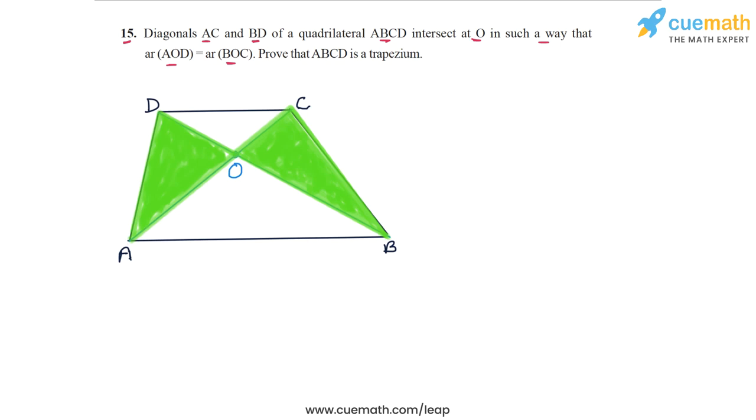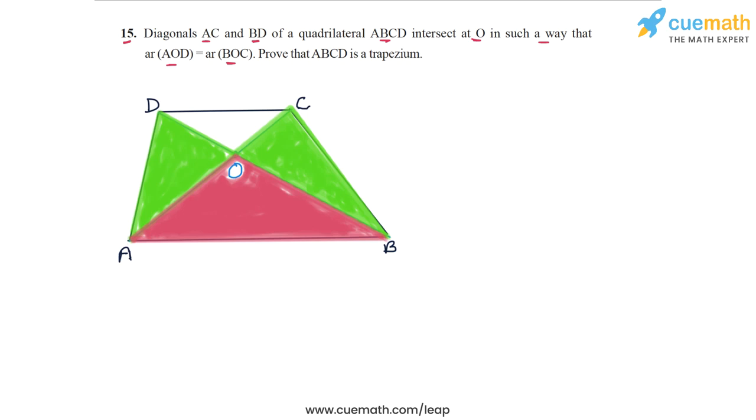Using this fact, we have to prove that ABCD is a trapezium. Now this is actually a very easy, very straightforward problem. All we have to do is, these two areas that are shaded here in green, we add the area of AOB.